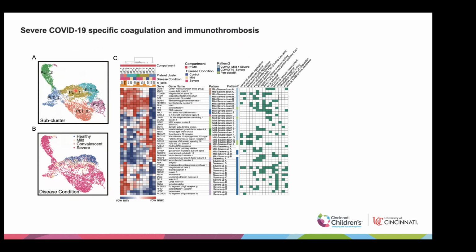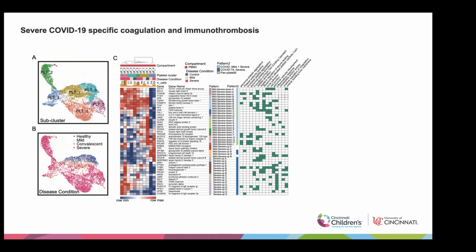We extract the platelets from the 8 datasets and do subclustering for the combined platelet cells. We can see there are several subtypes, like platelet 0, platelet 5, and platelet 2 and 4. They are pretty specific to severe patient cells.